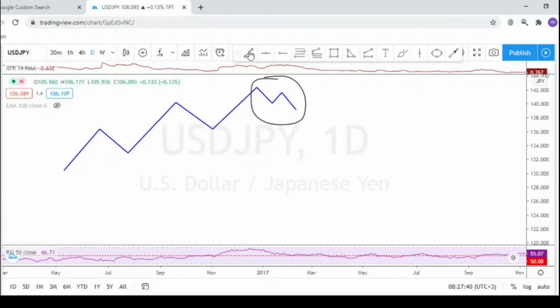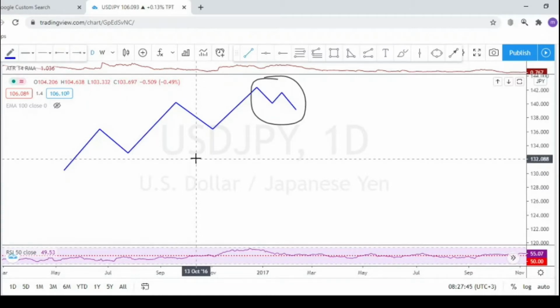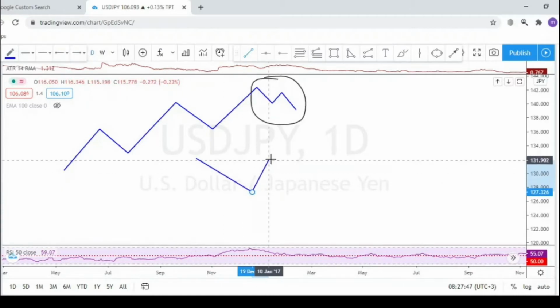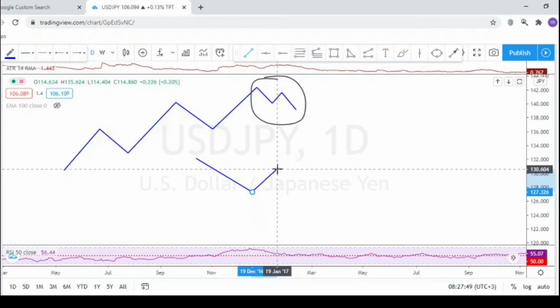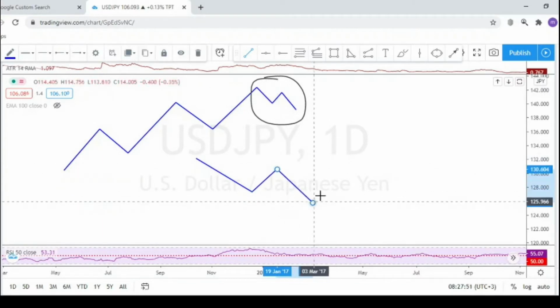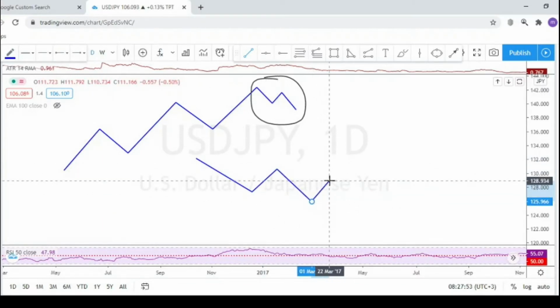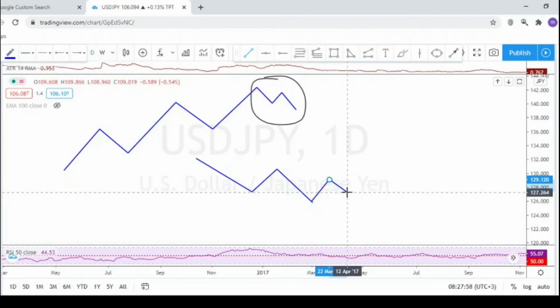And for a market that is trending to the downside, let's say it's making lower lows, lower highs, lower lows, lower highs, then all of a sudden you see this kind of move.